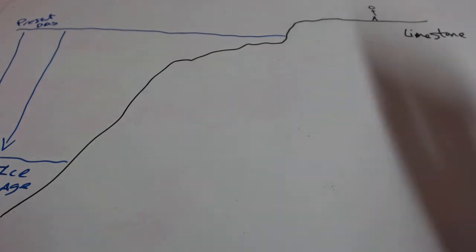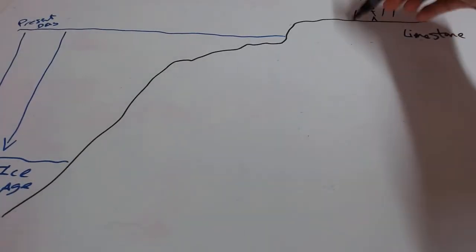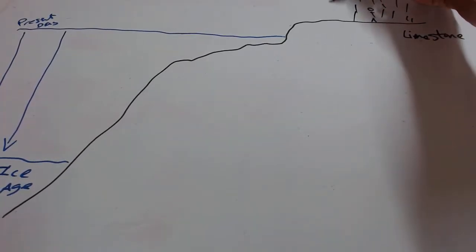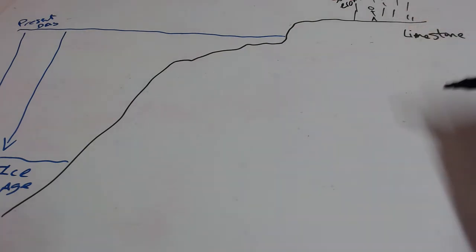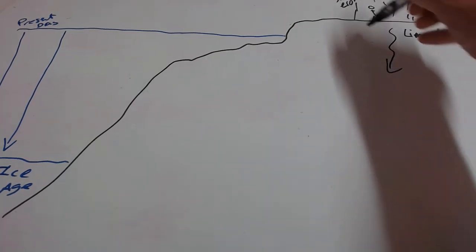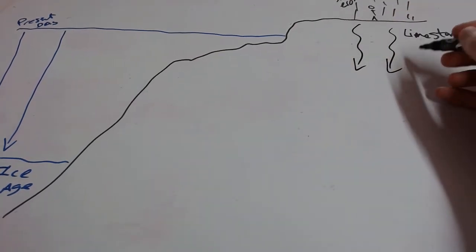If you had your rain, you're going to have solution erosion. So you had rainfall coming down and penetrating. I'm not going to draw the whole cave system again.